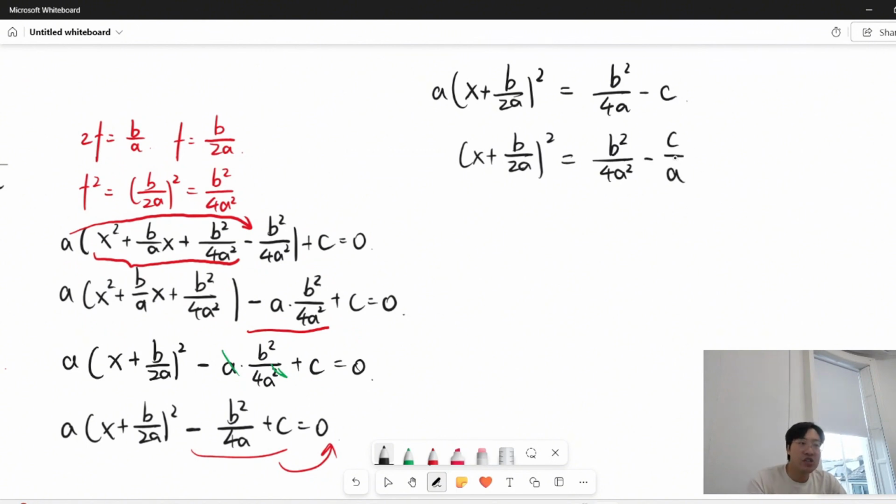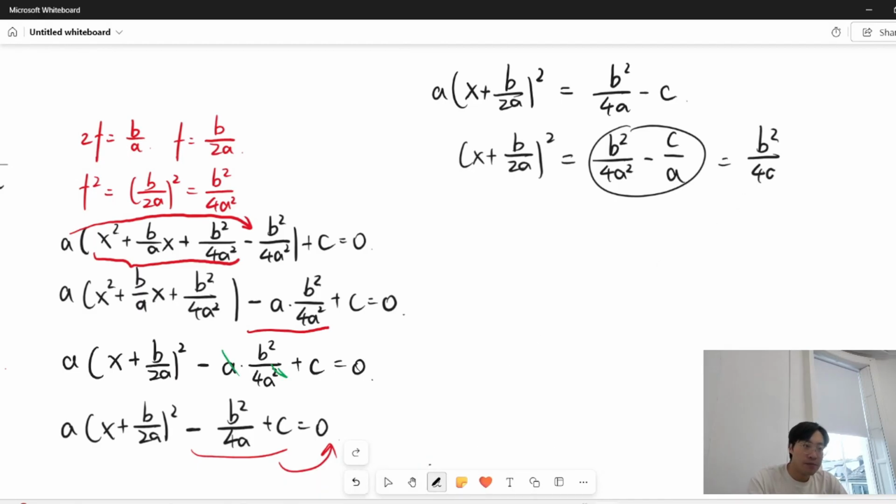And if we change that to a fraction, then that would be b squared over 4a squared minus 4ac over 4a squared. So we simply change the second part by multiplying 4a for both the numerator and the denominator of the fraction.